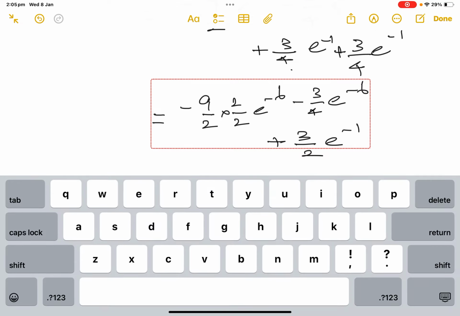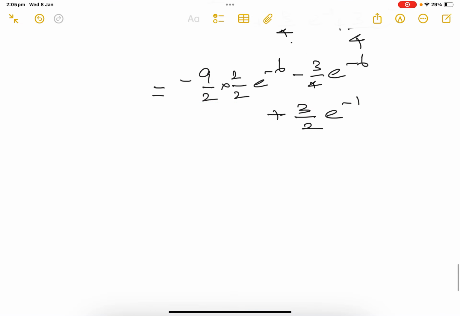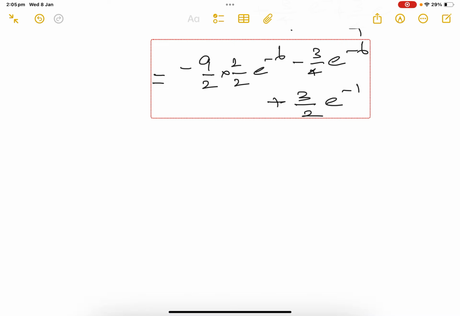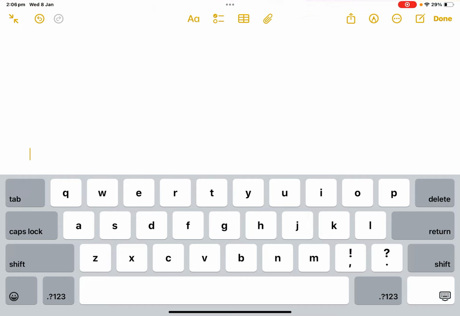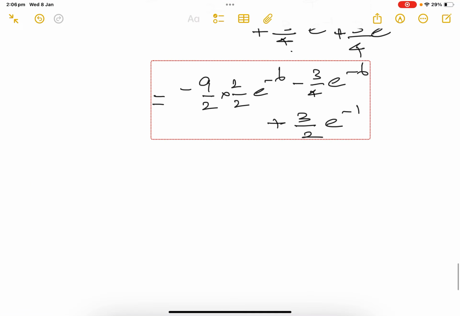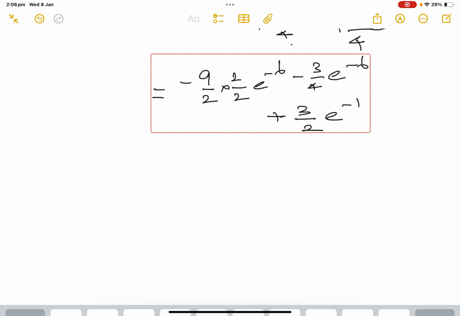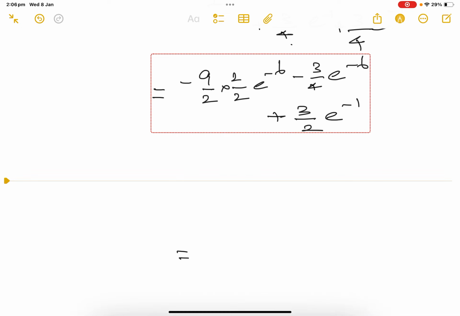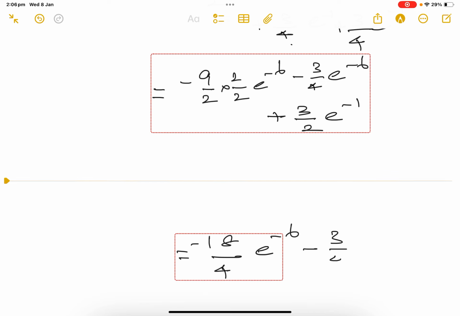So this is going to be minus 9 times 2, which is 18, over 4 e to the power minus 6, minus 3 over 4 e to the power minus 6, plus 3 over 2 e to the power minus 1.